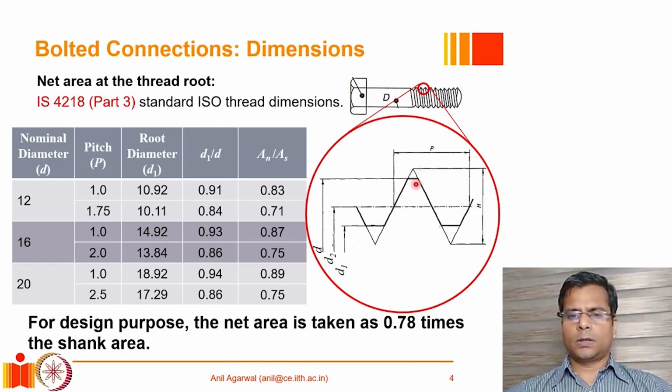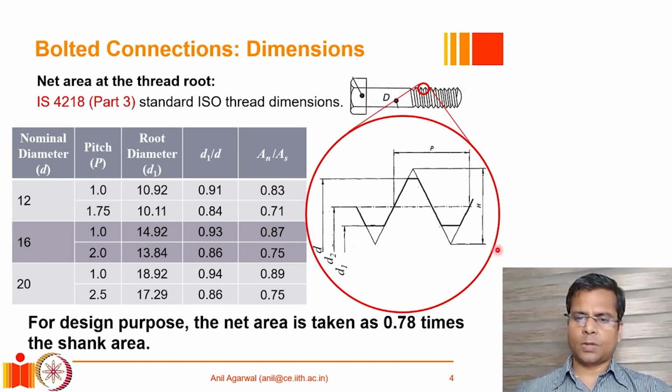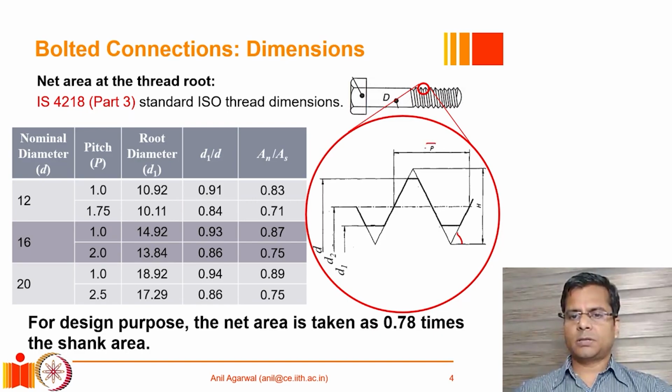Now, the way these bolt threads are designed is such that for standard threads, this angle does not change. The angle remains constant. However, the pitch can be changed and different values are possible. The extreme values of pitch allowed as per the standard IS 4218 part 3 are listed here.